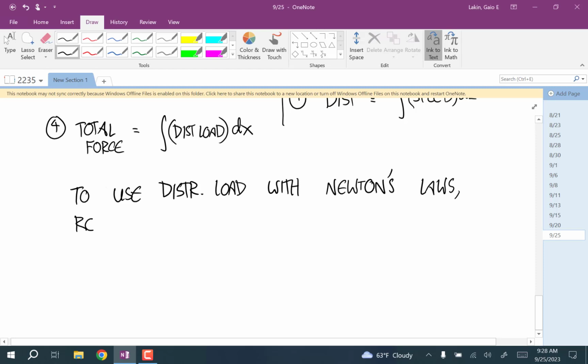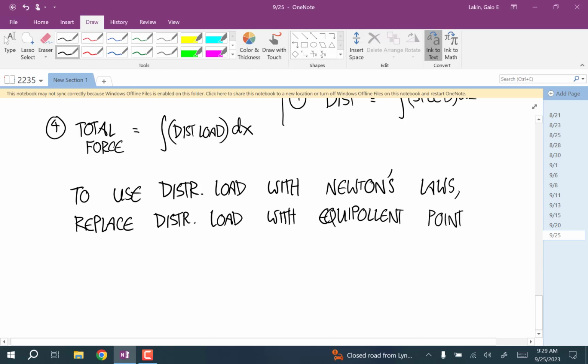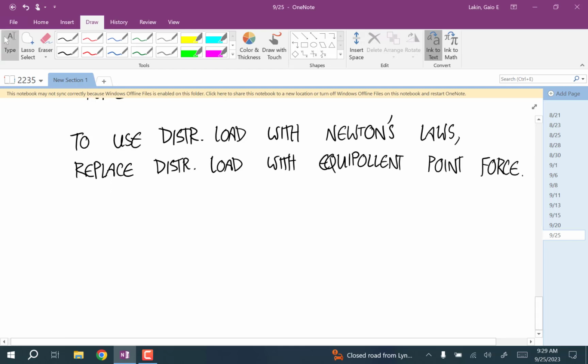So we're going to always replace the distributed load with an equipollent point force. And that point force always acts at the centroid of the distributed load shape.